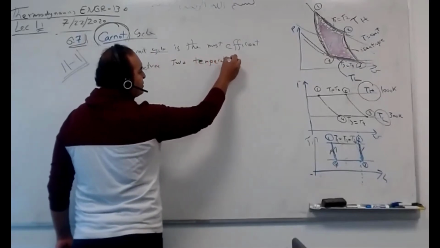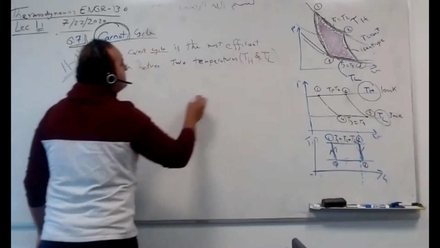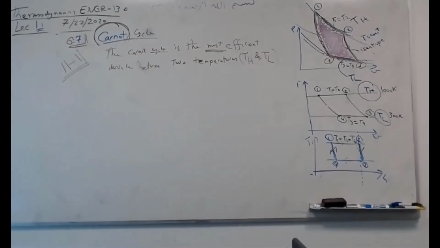So we have two temperatures, let's say T high and T low. This is the most efficient cycle. This is the maximum efficiency you can get.